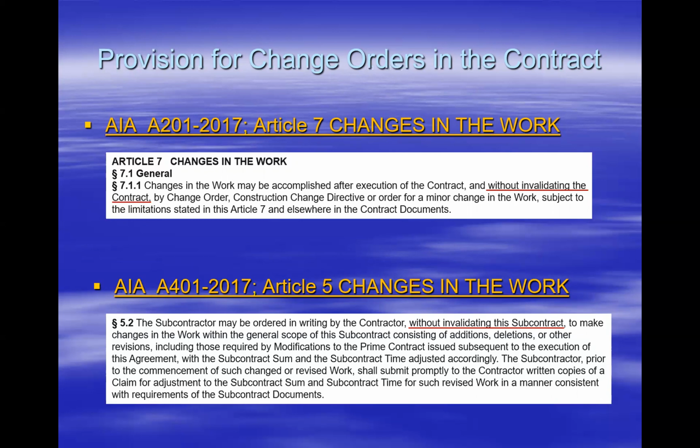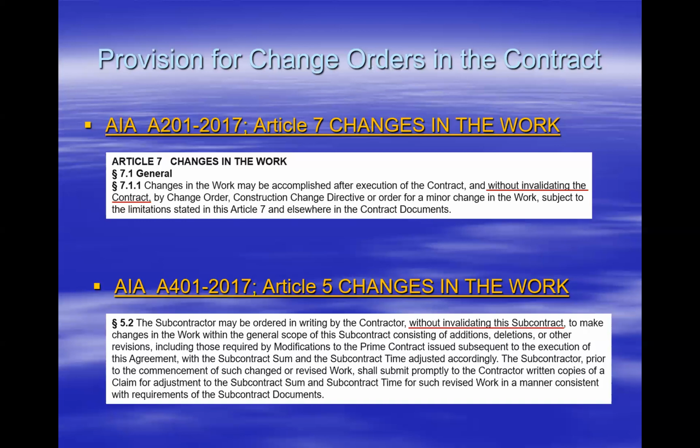We could go on and look at some of those limitations later. Remember, our A201 is the general conditions of the prime contract that would exist between us as the general contractor and the owner of the project.